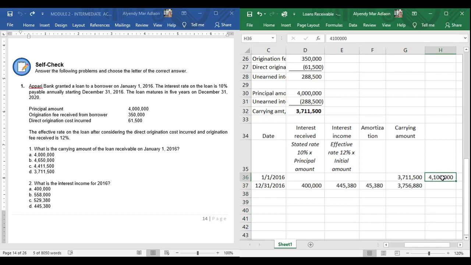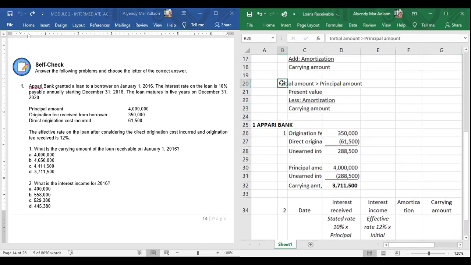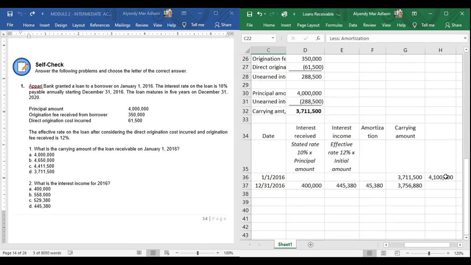You have to deduct. Okay, so in this case, initial amount higher than principal amount, the amortization must be deducted. You can use that as a determinant or sign to know whether it should be added or deducted.